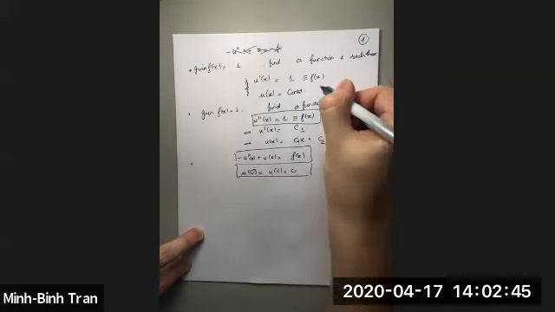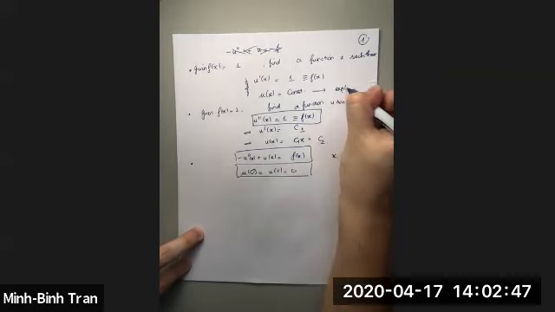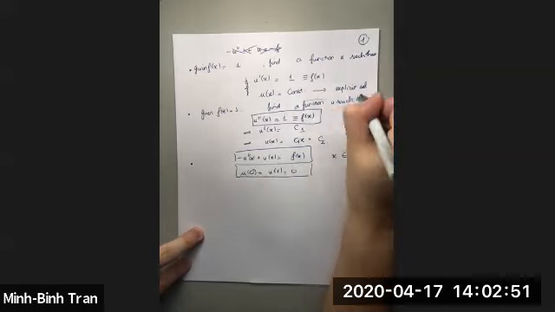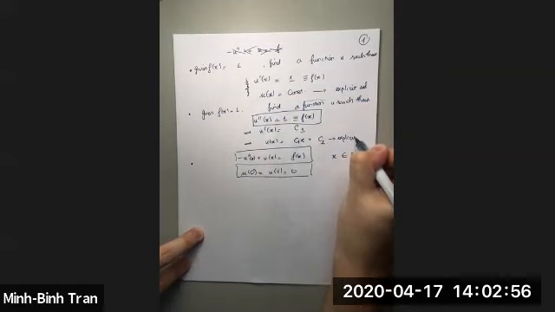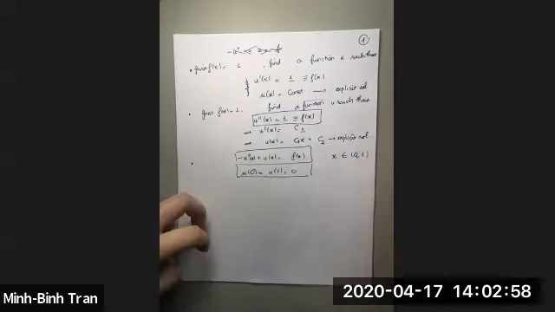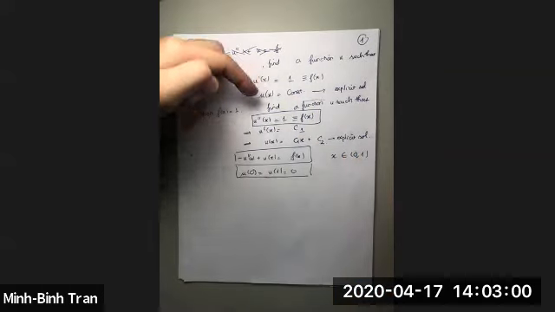Then you cannot find an explicit solution, right? In these other cases, we have explicit solutions. So in this case, it is easy.